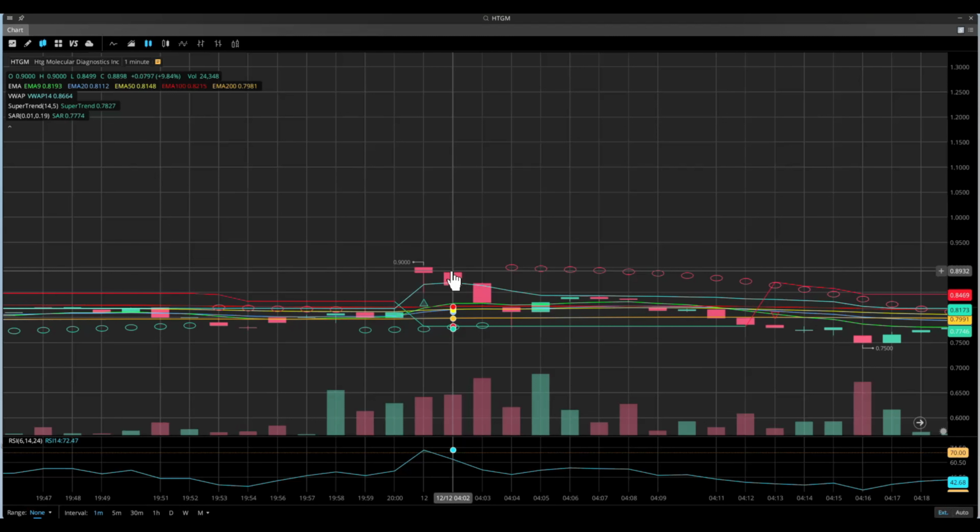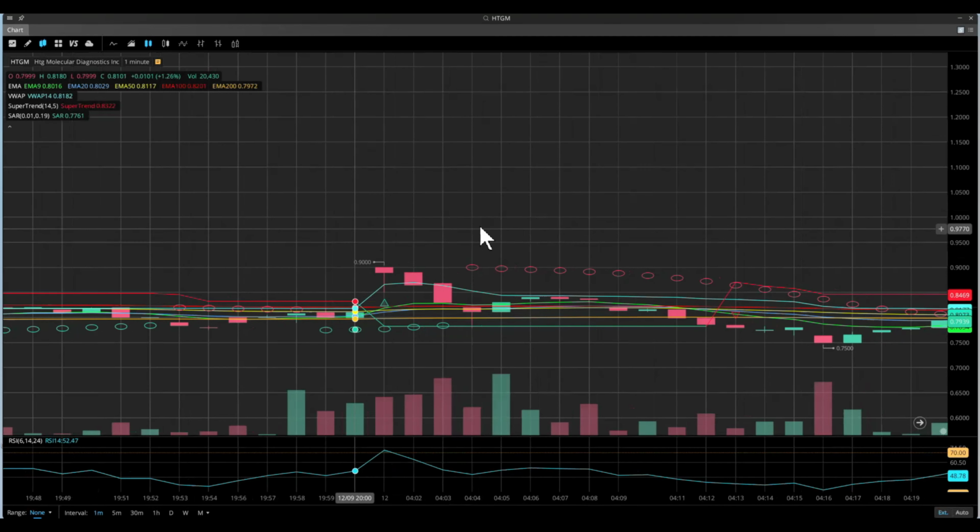So majority of the times when a stock gets alerted in our server, we wait for a pullback to EMA 9 or EMA 20.